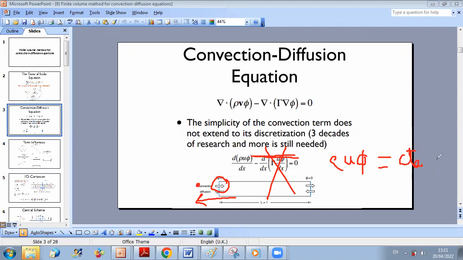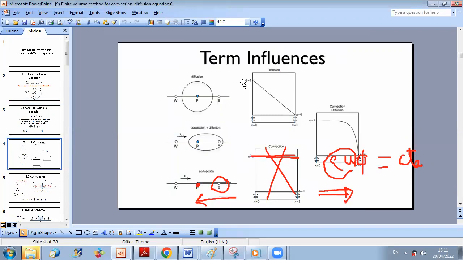Then for the convective flow, of course, if we consider constant flow, we have rho u constant, then the variable phi will be transported in the domain, and it will depend on the direction of the flow. So we see that the behavior of pure diffusion and pure convection is very different.